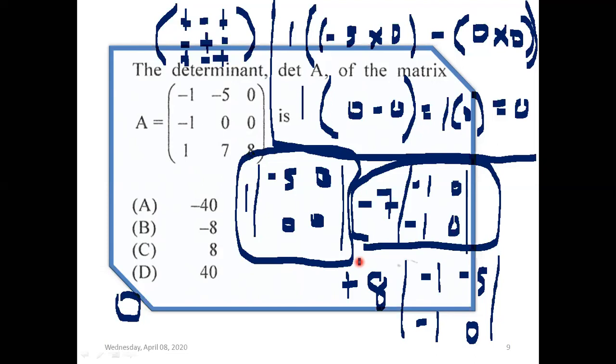But that's not in the options. Sorry, answer 40. Okay, Kimani is saying 40. Oh, yeah, it's negative 40. Positive now.